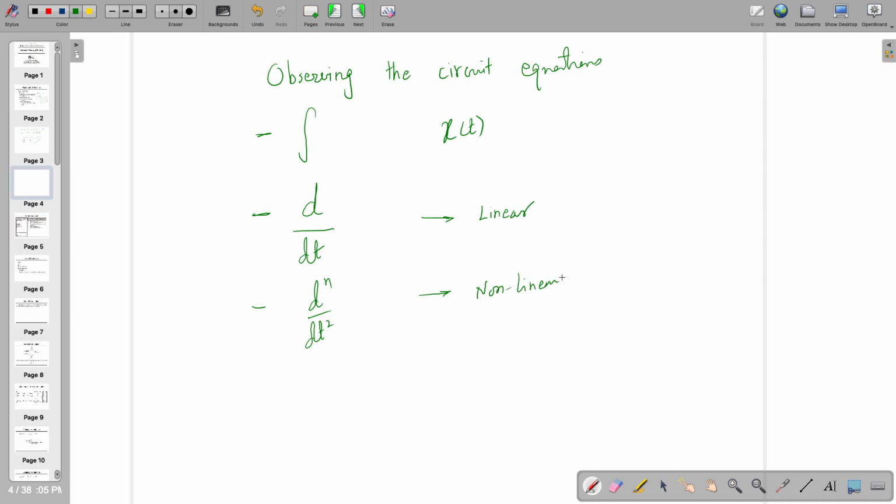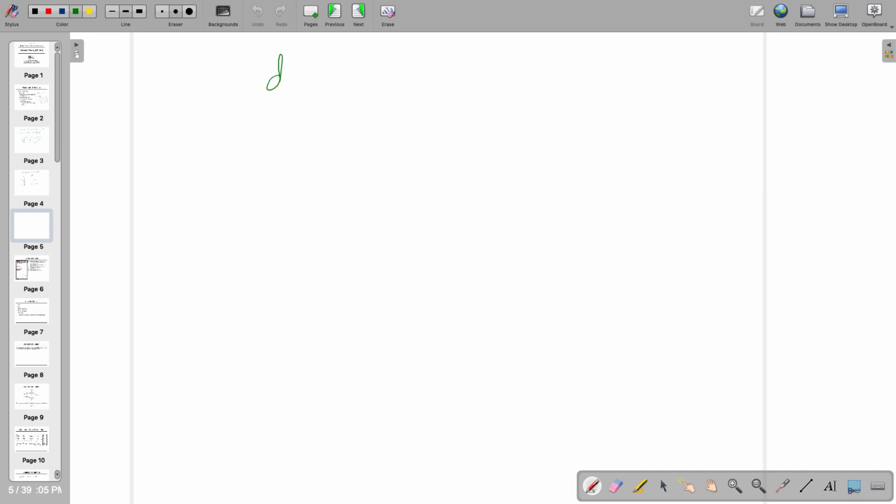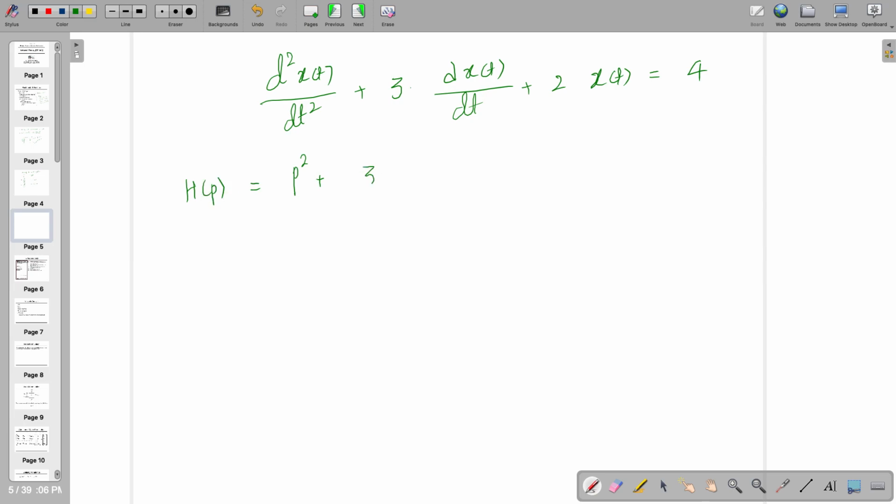For solving such equations, let's assume that you have such a kind of equation which we kept for the surprise quiz last time, right? To solve it, you have to write down the characteristic equation, which in terms of Franklin Cue's book you can write as h of P equal to P square plus 3P plus 2.